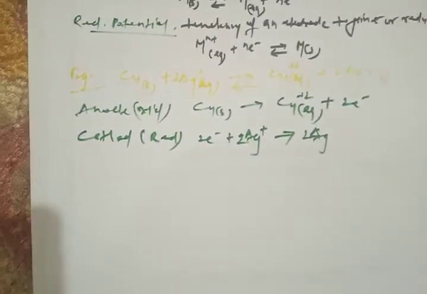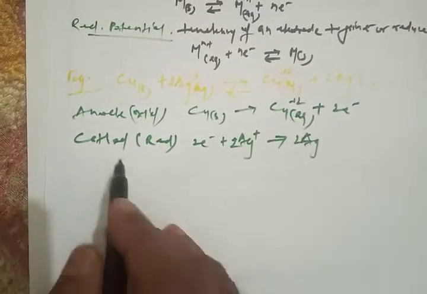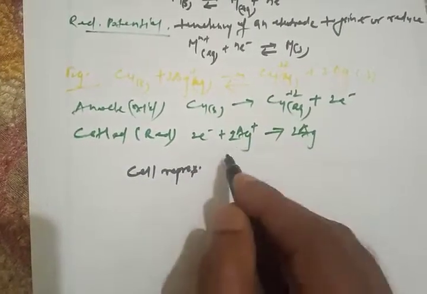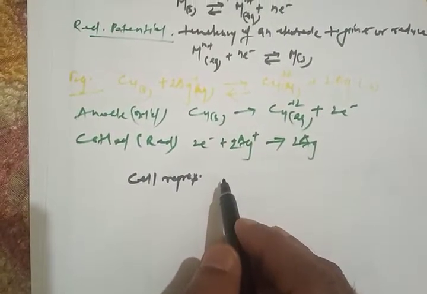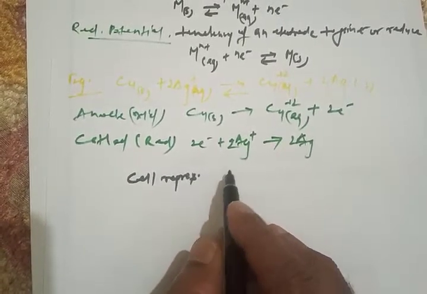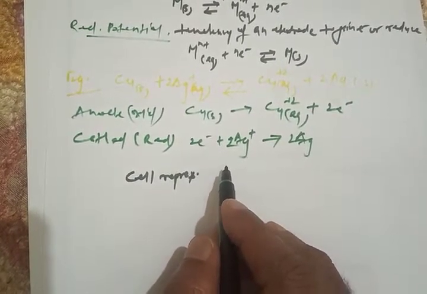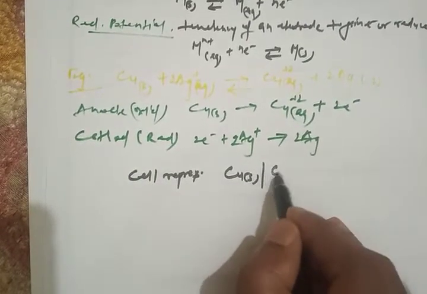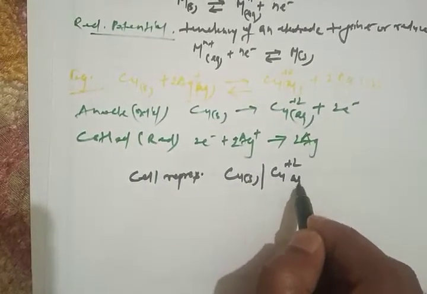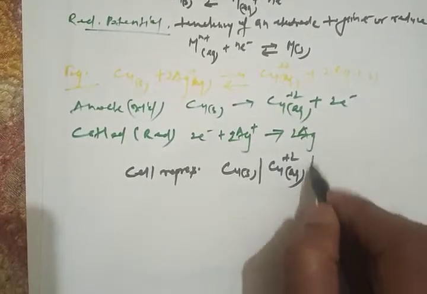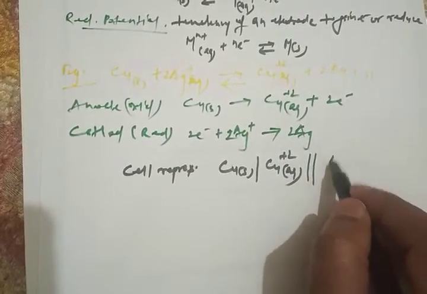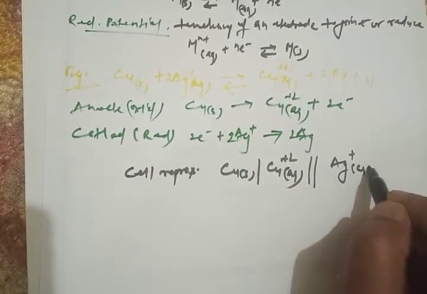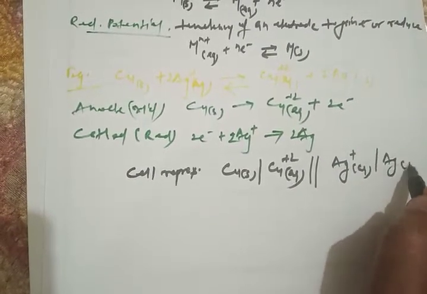So what is the representation of the cell here? Cell representation: as we know, on the left hand side oxidation occurs, so the oxidation reaction will be written on the left hand side. So this is copper solid, single bar, Cu2+ aqueous, this is the oxidation, then a salt bridge, and on the right hand side reduction, so Ag+ aqueous, again a bar, Ag solid.